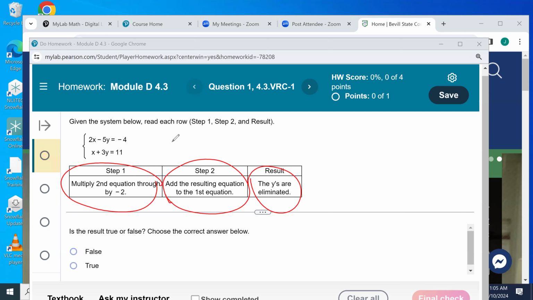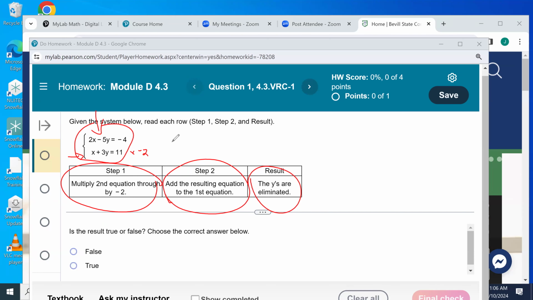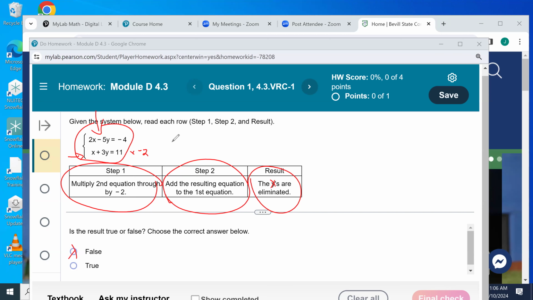If I multiplied the second equation times -2 and then added these two equations up, these two guys here, after I multiplied the bottom, would the y's get eliminated? No, they were still there. What did get eliminated? The x's. This would be false. If this had said the x's are eliminated, the answer would be true.